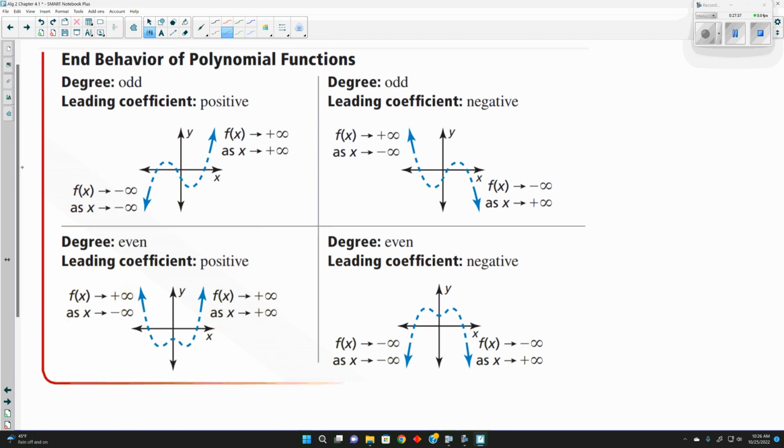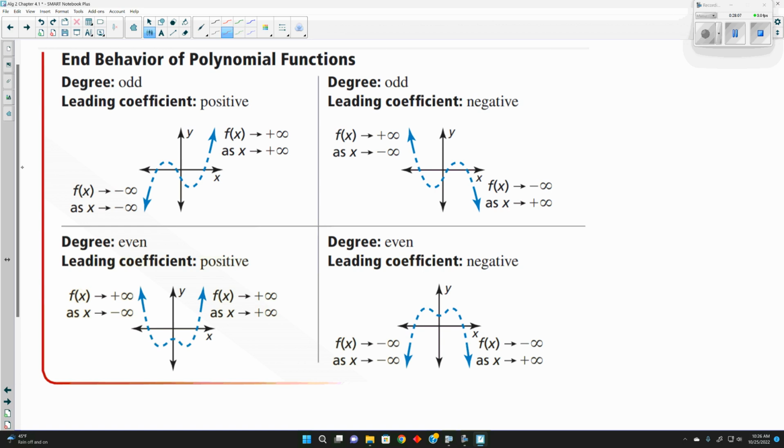The last thing we have is end behavior. Now, in end behavior, there's 4 things that are going to happen, and really what we're talking about is the graph of a function. What is it going to do eventually? We have 2 different types of functions.